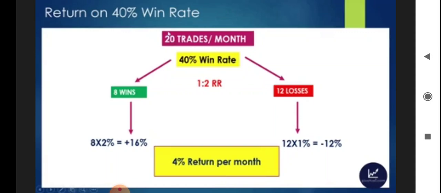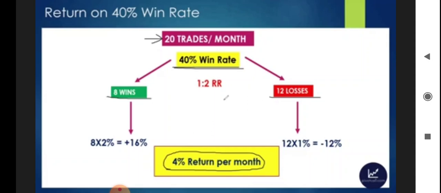Let me show you another example. Here you will take only 20 trades and you have only a 40% win rate, not even 50%. That means 8 times you make profit, 12 times your stop loss hits. Can you see at the end of the month, still you are making a small profit of 4%? That is also with just a 40% win rate. How is it possible?